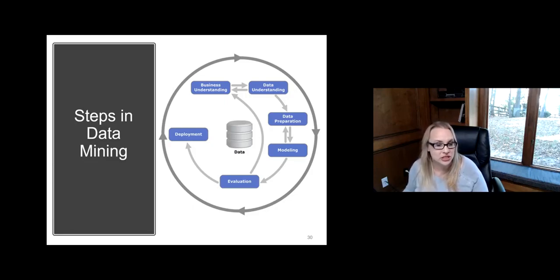Step 6 would be partitioning the data if you're doing a supervised approach. Step 7 would be choosing your techniques, such as regression, CART, neural networks, and so forth. Number 8 would be actually doing the task. Number 9 would be interpreting and assessing the model, comparing the models and selecting the best model. And then step 10 would be actually taking those recommendations and putting them into action.